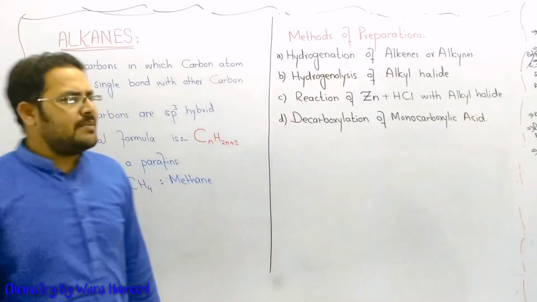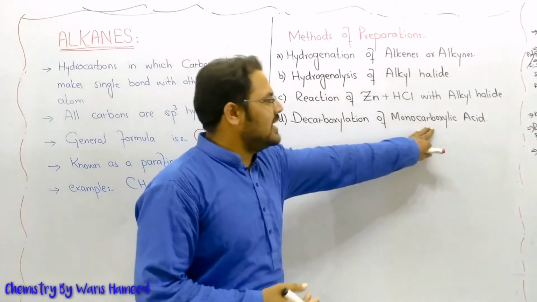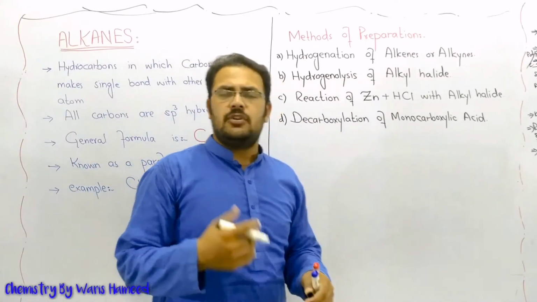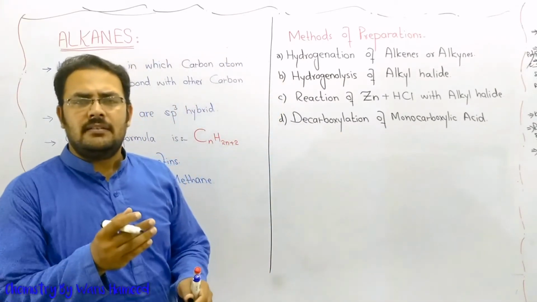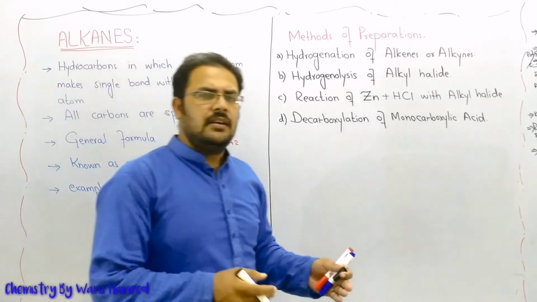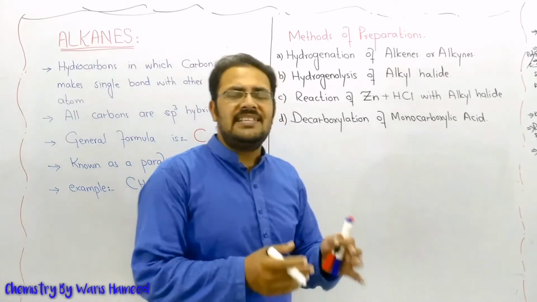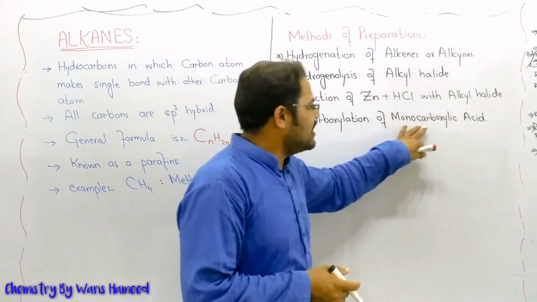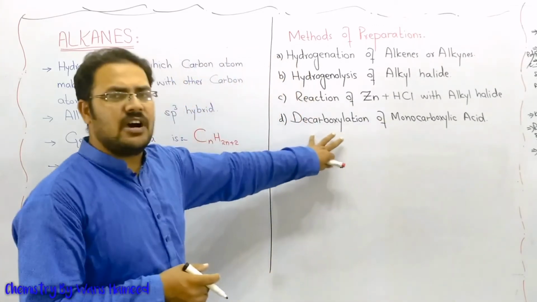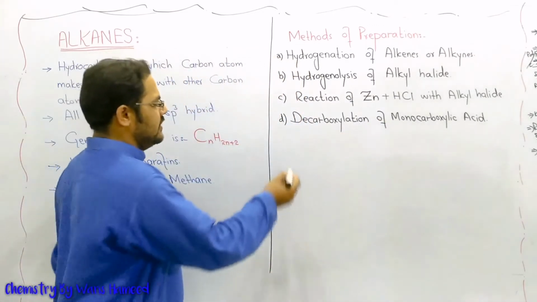We can remove carbon dioxide from monocarboxylic acid in the presence of sodium hydroxide, with calcium oxide as catalyst, and when we heat these three things, it forms alkane by the removal of carbon dioxide.